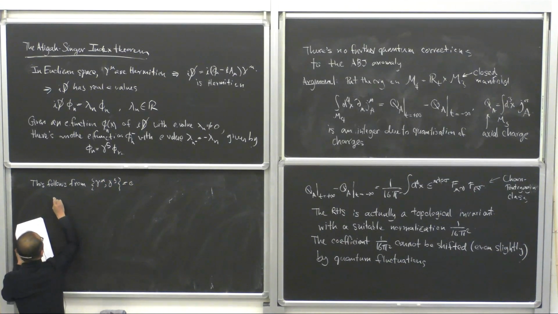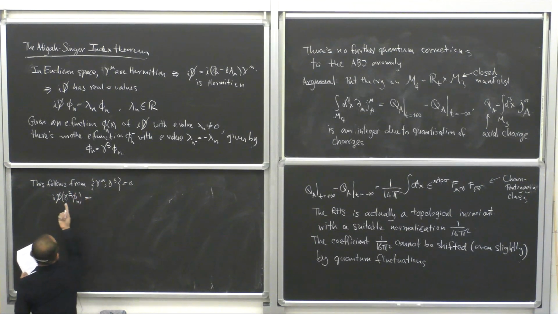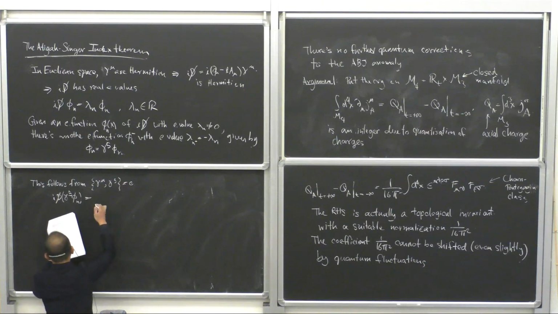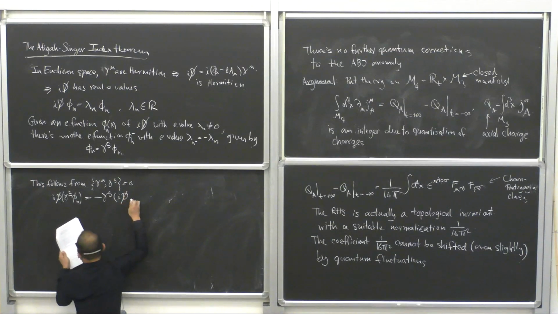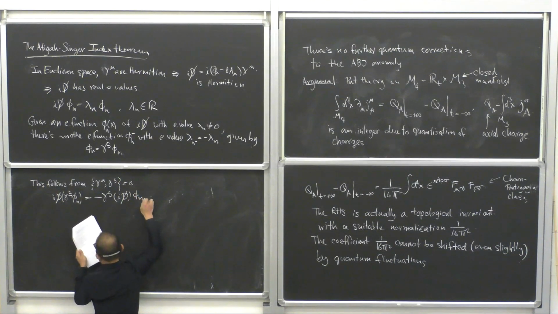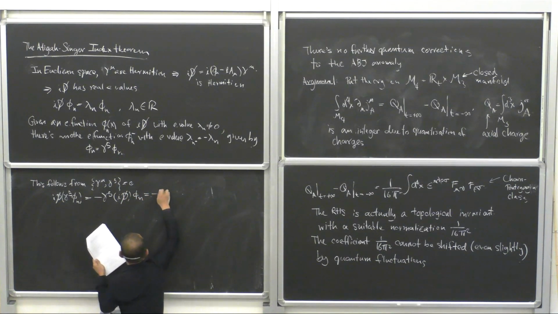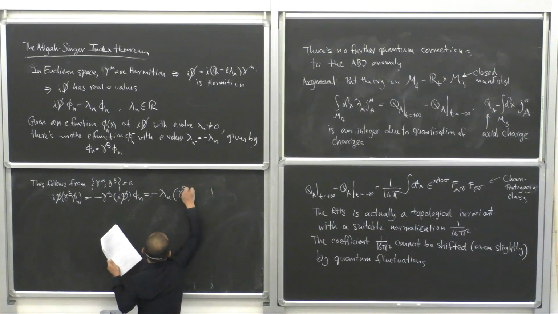So iD-slash gamma 5 phi_n, you move gamma 5 here, right? And you get a minus sign: minus lambda_n gamma 5 phi_n.